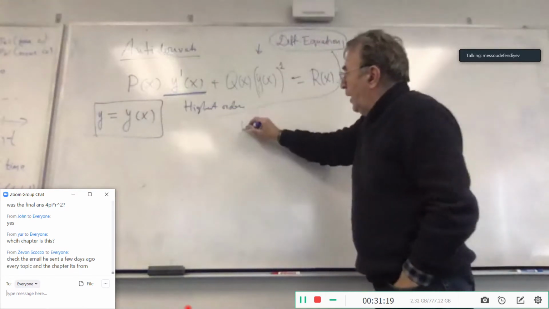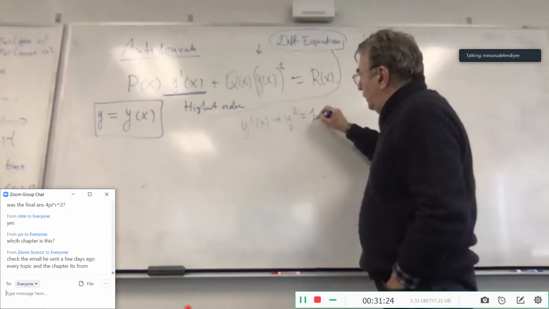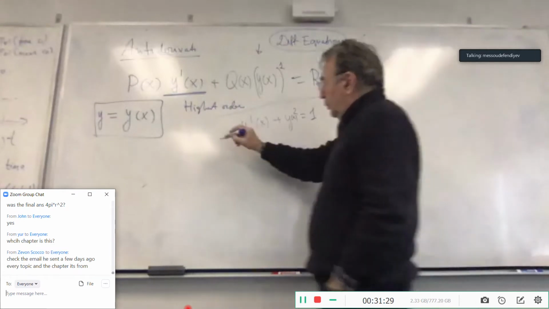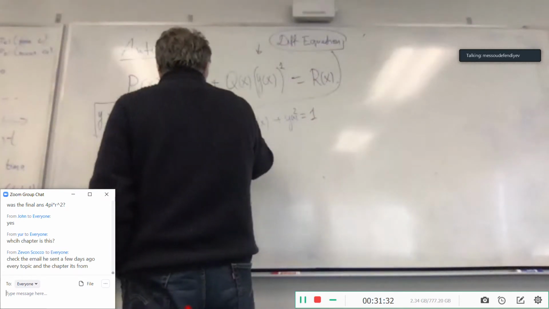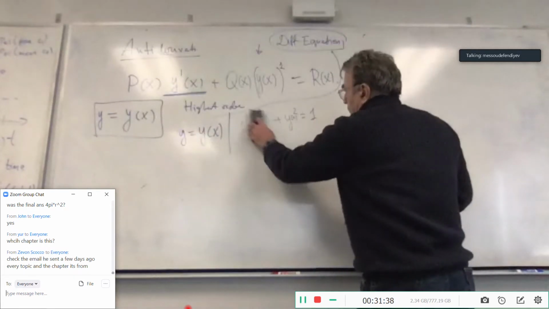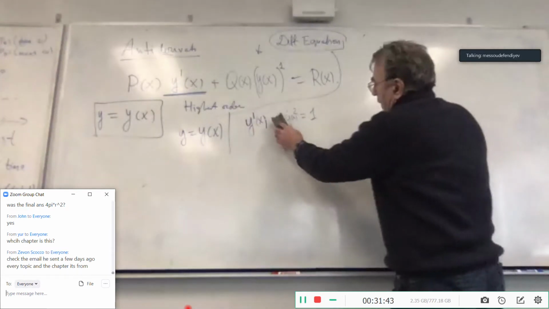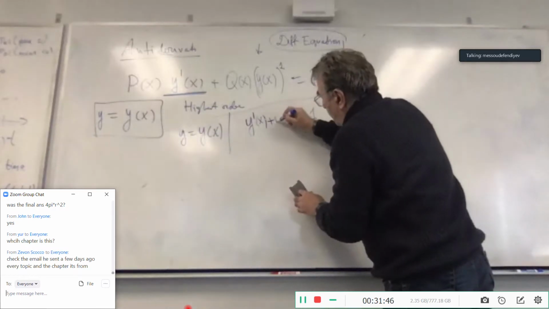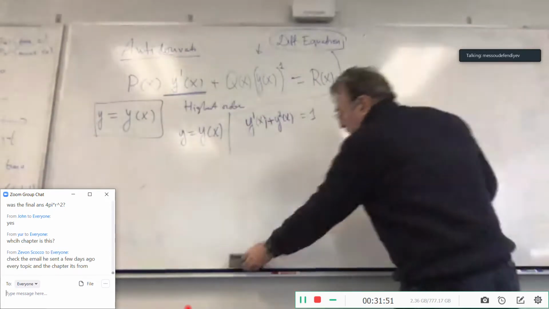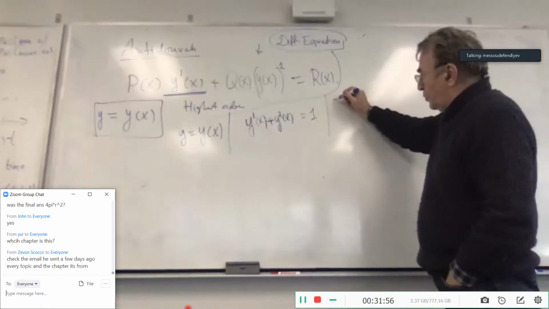For example, if you have the equation y prime of x plus y squared is equal to 1, you are looking for y equal to y of x, whose first derivative plus y squared of x is equal to 1. This equation is first order, because the derivative appears in first order.